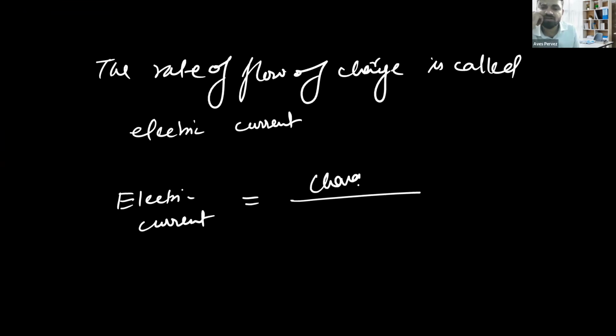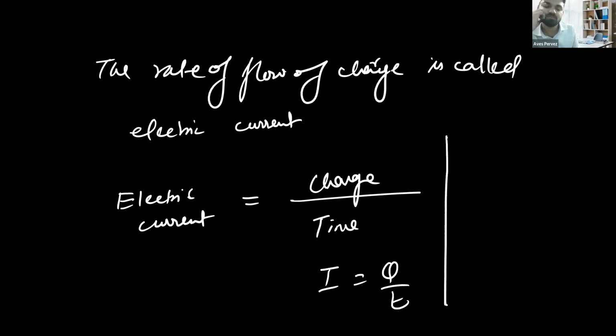Electric current divided by charge gives you time, or divided by time gives you charge. We can write I equals Q by T, where I stands for electric current, Q stands for charge, and T stands for time. You understood? Got it? Yes, sir.